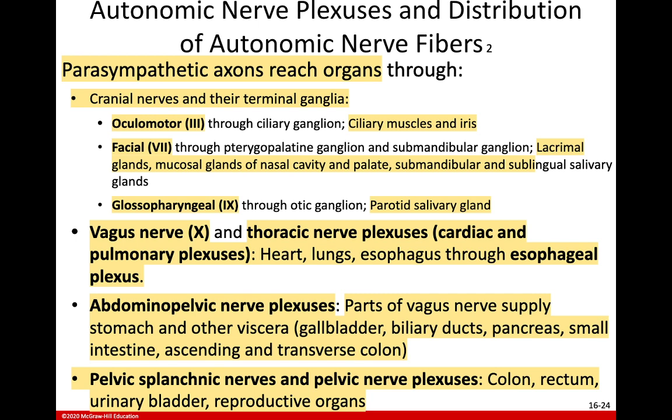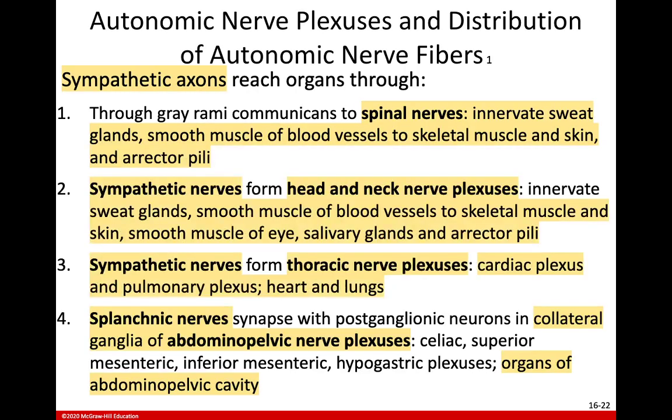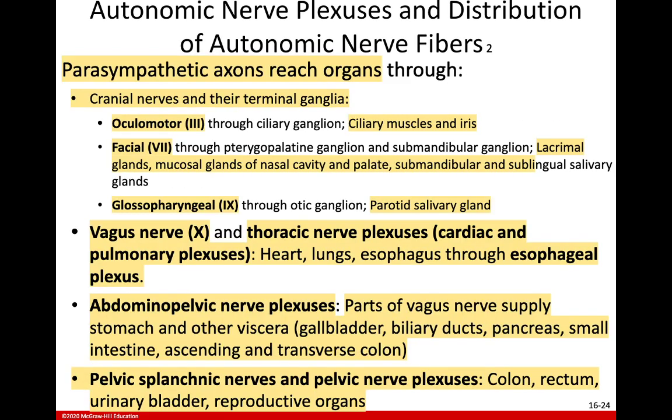So it's not a mistake when we say we have sympathetic nerves innervating our eyes, sympathetic nerves innervating our heart and lungs, and splanchnic nerves innervating our abdominal pelvic organs. And then we look over here at the parasympathetic, and we have cranial nerves innervating our eyes, vagus nerves innervating our heart and lungs, and pelvic splanchnic nerves innervating our abdominal pelvic organs.